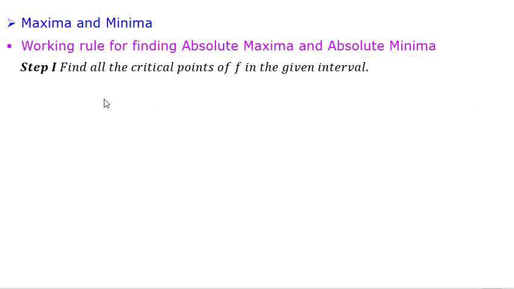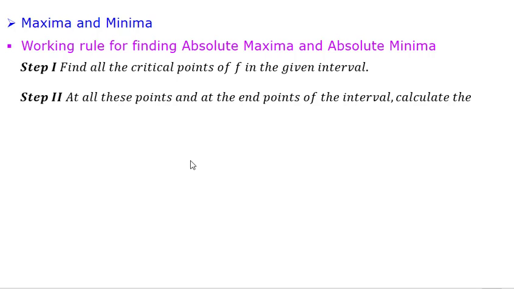Now the working rule: how we are going to find this absolute maximum and absolute minimum value. Our first step is to find all the critical points of the function in the given interval. Critical points you know how to find: you differentiate and equate it to 0. Second step is, at all these points and at the endpoints of the interval, calculate values of the function.